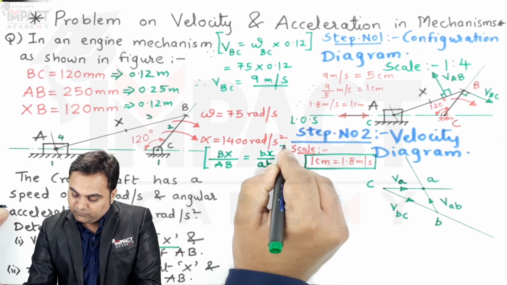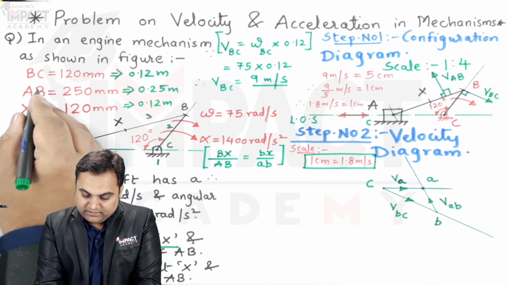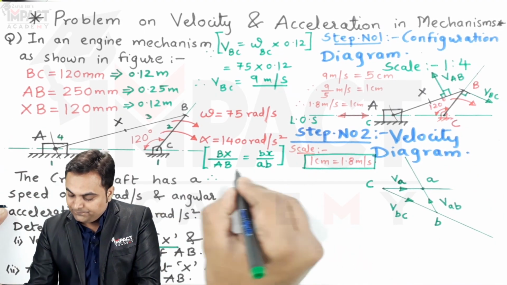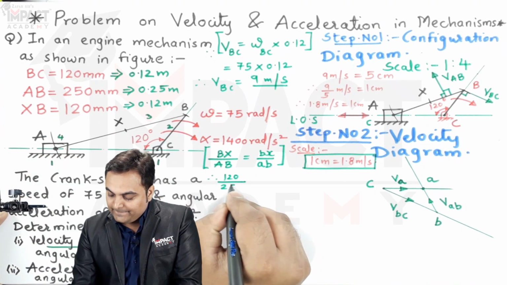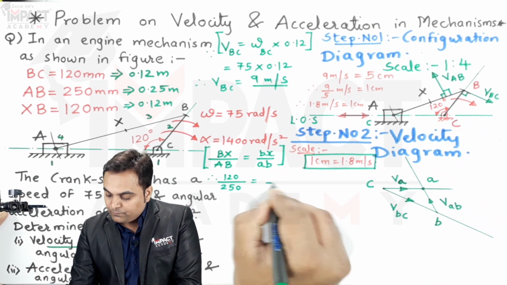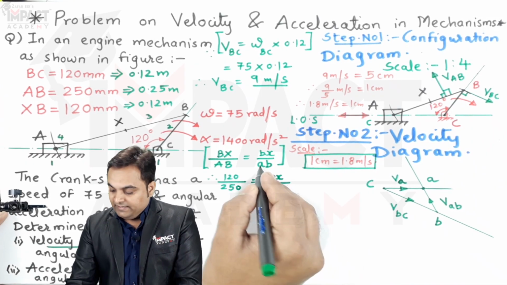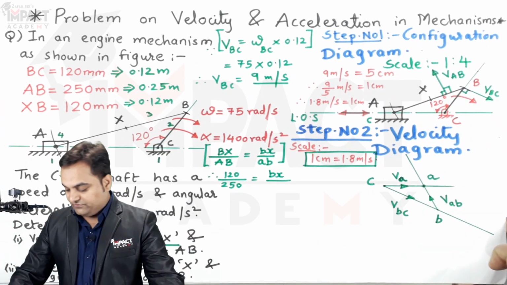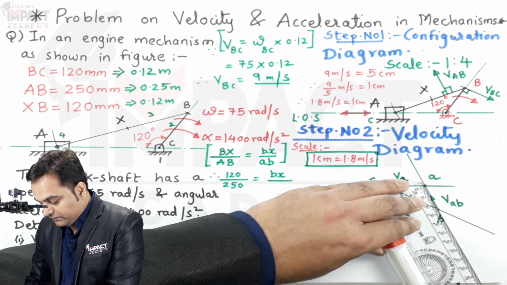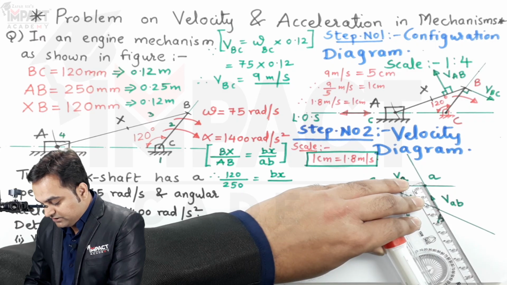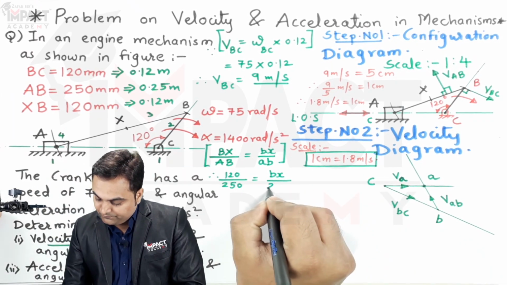So this concept would be used, and out of this BX value is given as 120, AB value is 250 in terms of mm. bx is what we have to calculate, that is the location of point X. AB, I'll measure this in terms of centimeters. It comes out to be 2.7 centimeters.